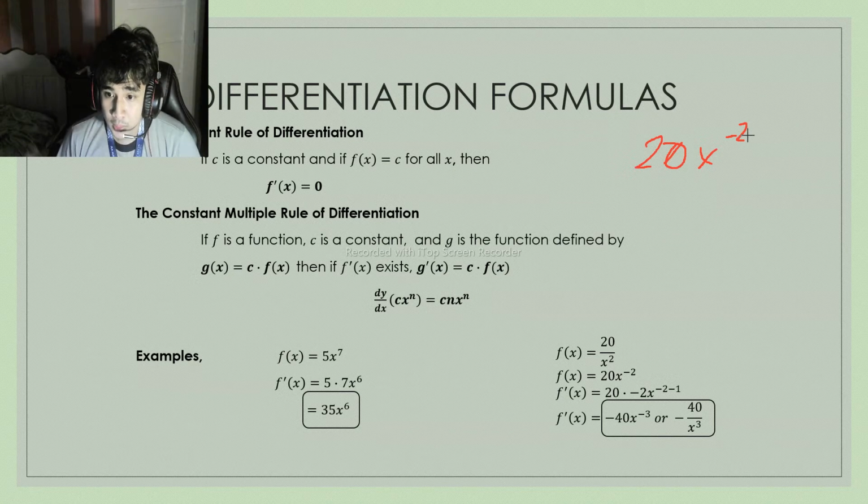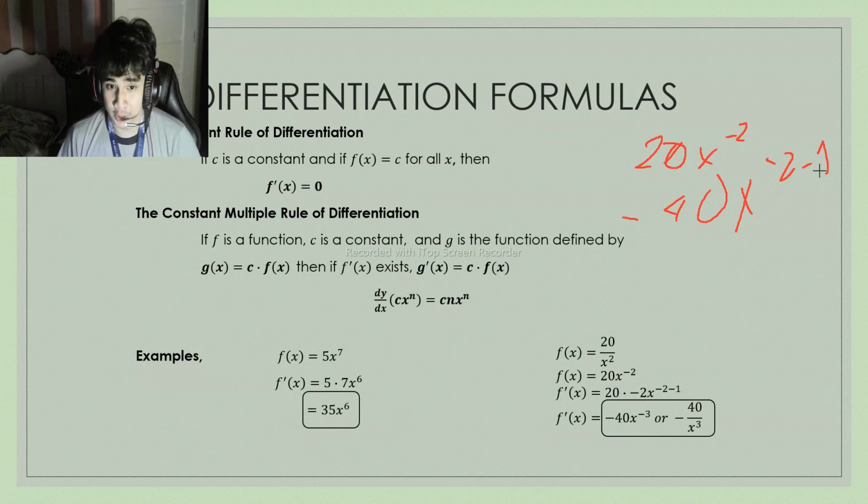So 20 times negative 2 is equal to negative 40 times x raised to negative 2 minus 1. So, magiging sagot is negative 40x raised to negative 3. Yes. So, pag binalik na natin siya sa dating niyang form, that will be negative 40 over x raised to 3 or x cubed. So, move on to another example.